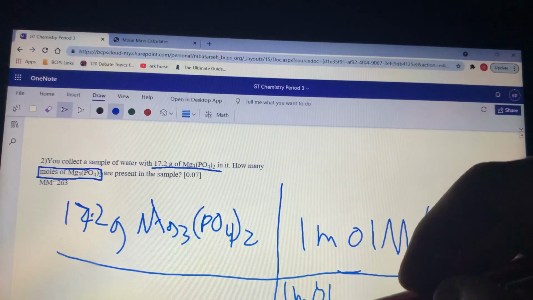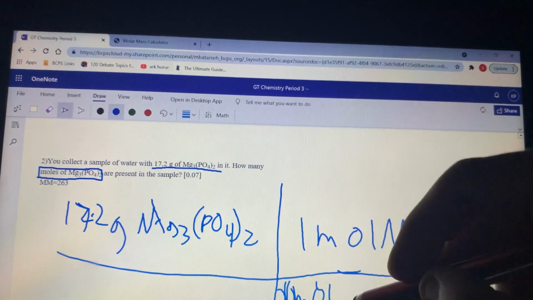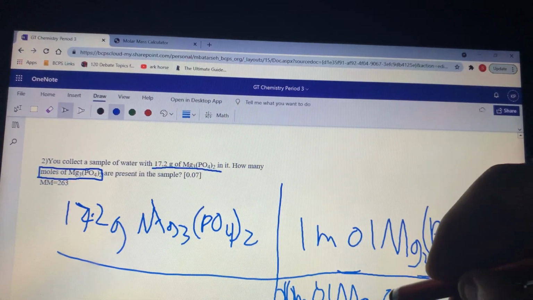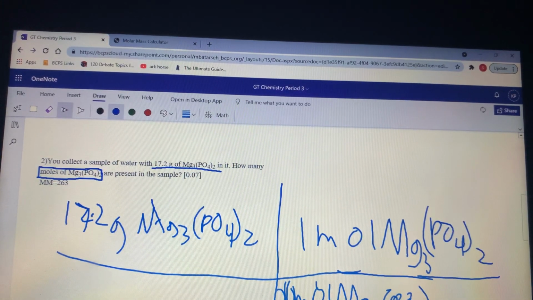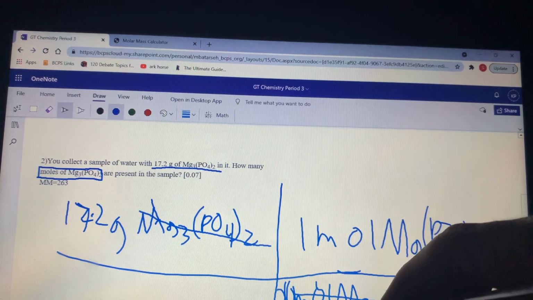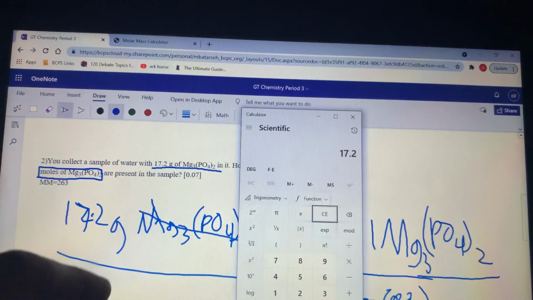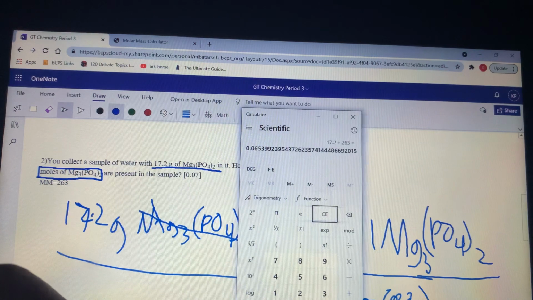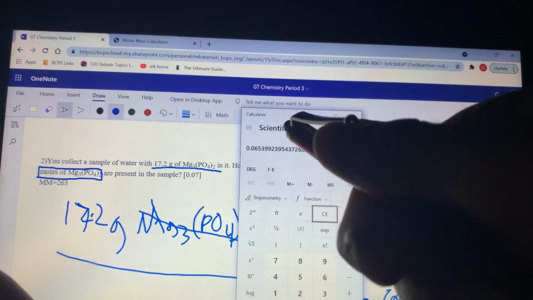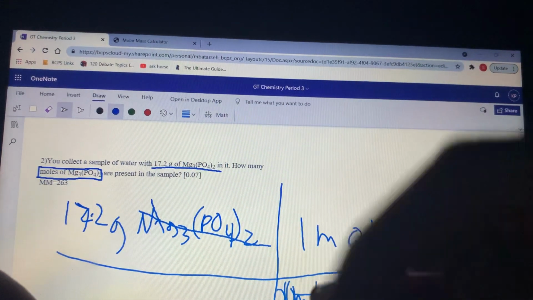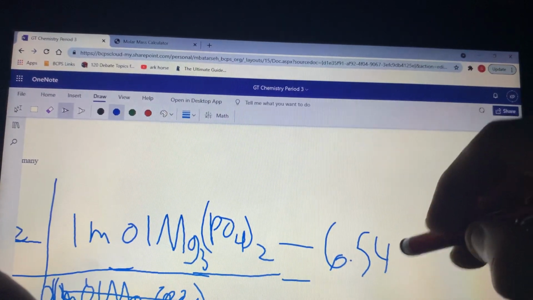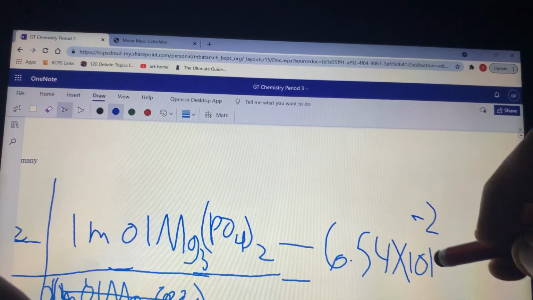Now, grams of Mg3(PO4)2 cancel out, and we're left with 17.2 over 263, which is about 0.0654, which is 6.54 times 10 to the negative 2 power moles of Mg3(PO4)2.